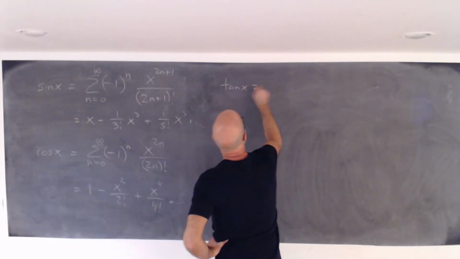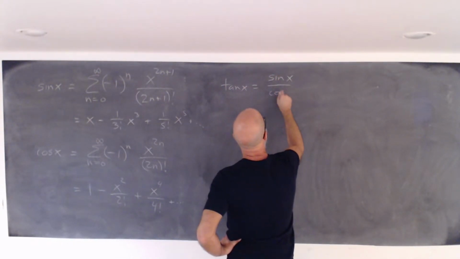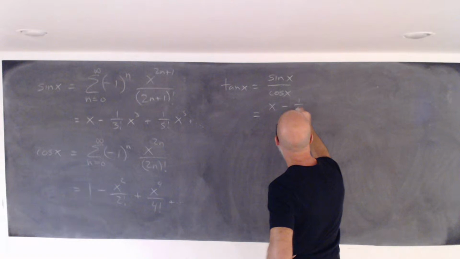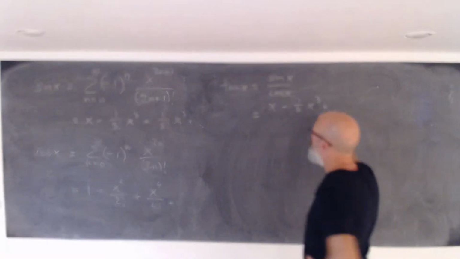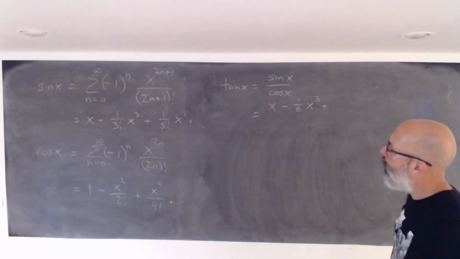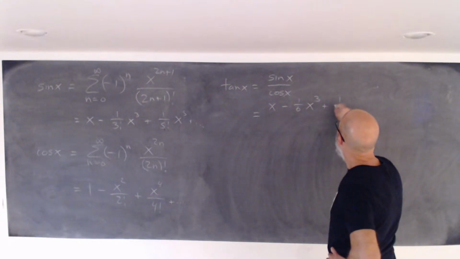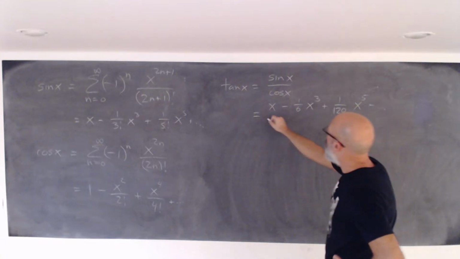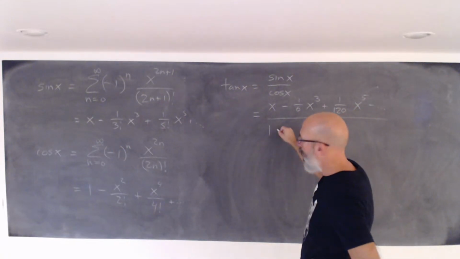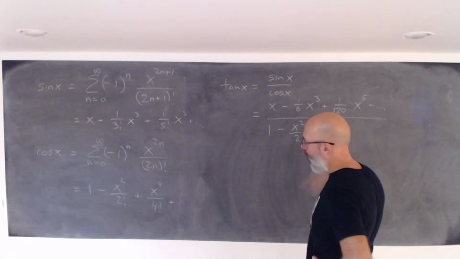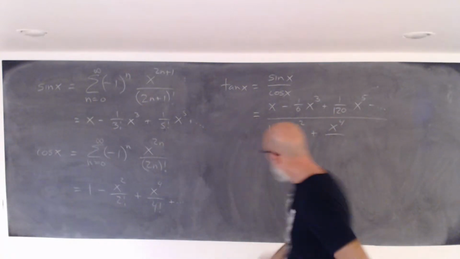So tangent, which is sine over cos, is therefore x minus 1 over 6 x cubed plus 1 over 120 x to the 5, divided by 1 minus x squared over 2 plus x to the 4 over 24.